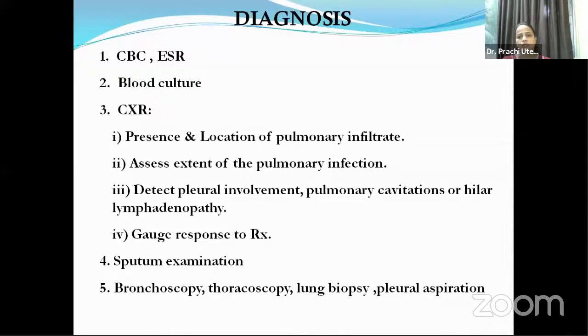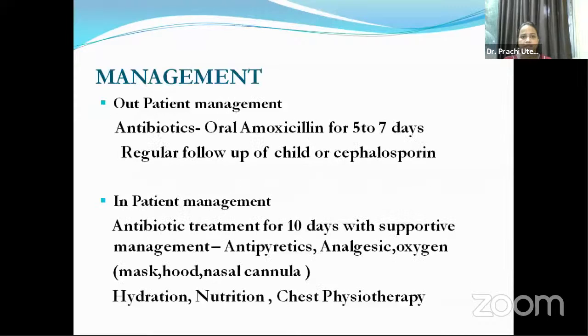Sputum examination is usually advised in adults, since babies are not able to produce sputum, but in older children we can. Bronchoscopy, thoracoscopy, lung biopsy, and pleural aspiration are invasive procedures which are rarely needed in the mild and moderate variety, but in the severe variety, if there is a pleural effusion, then thoracocentesis and biopsy can be done.